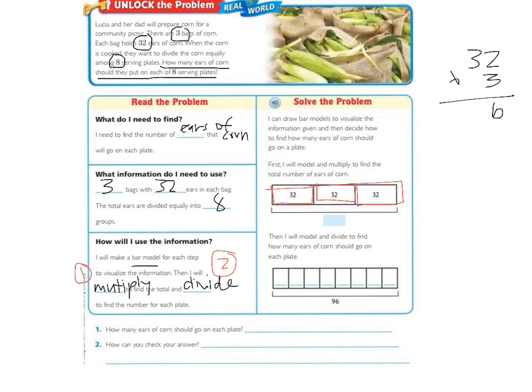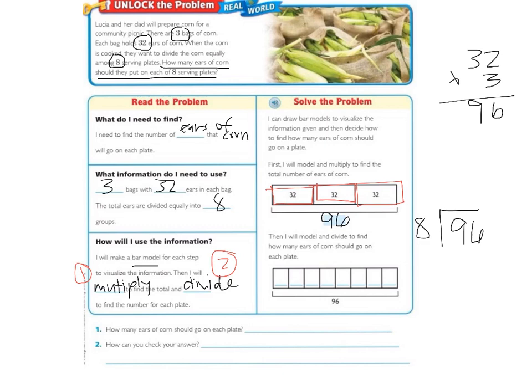And then diagonal, 3 times 3 is 9. So altogether, I have 96 ears of corn. Well, then I want to take those 96 ears of corn and I want to split it so that it fits on 8 plates equally. So now I'm going to take 96 and divide it by 8.